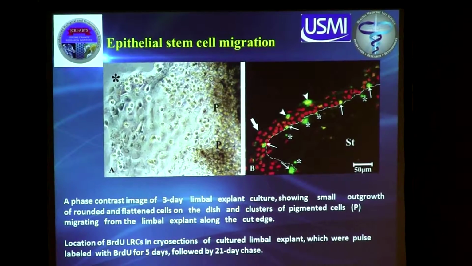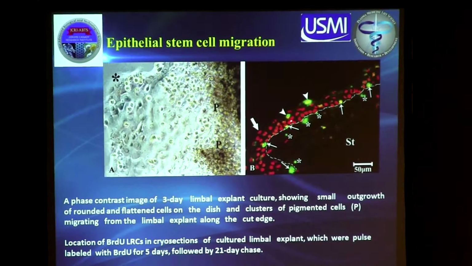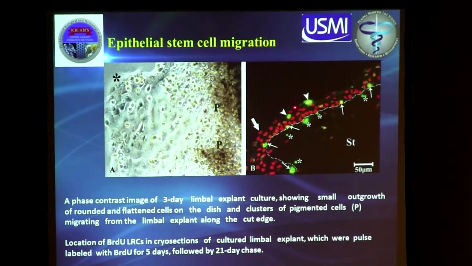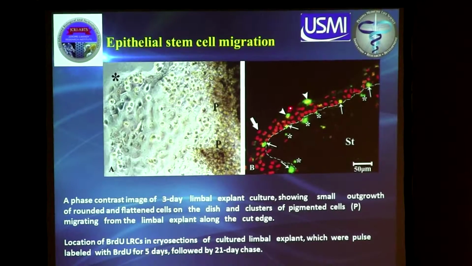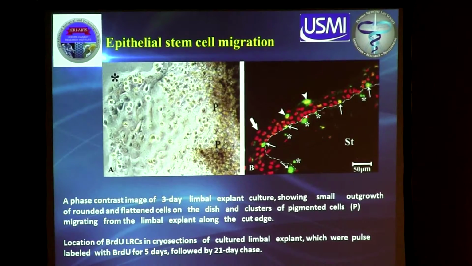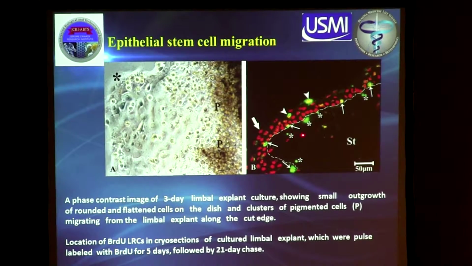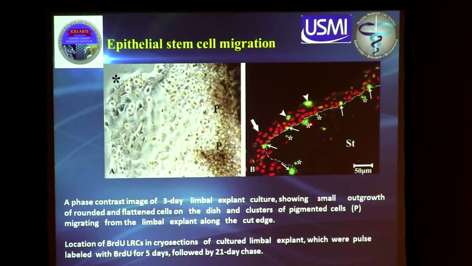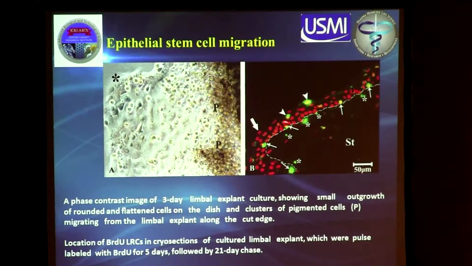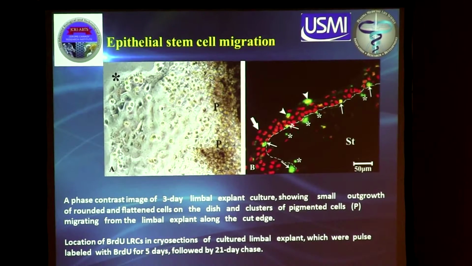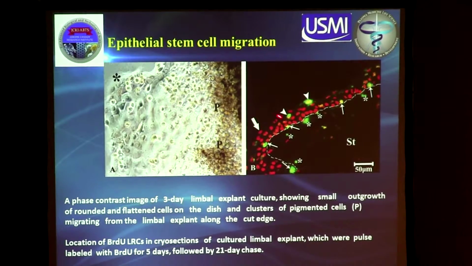These are present in the basal layer, and the ones you see on the suprabasal layers are the transient amplifying cells, which are the daughter cells of the stem cells. Some of the cells below this dotted line, the Bowman's layer, are actually fibroblasts or stromal cells that were activated during injury, and they also retain the label after 3 weeks.